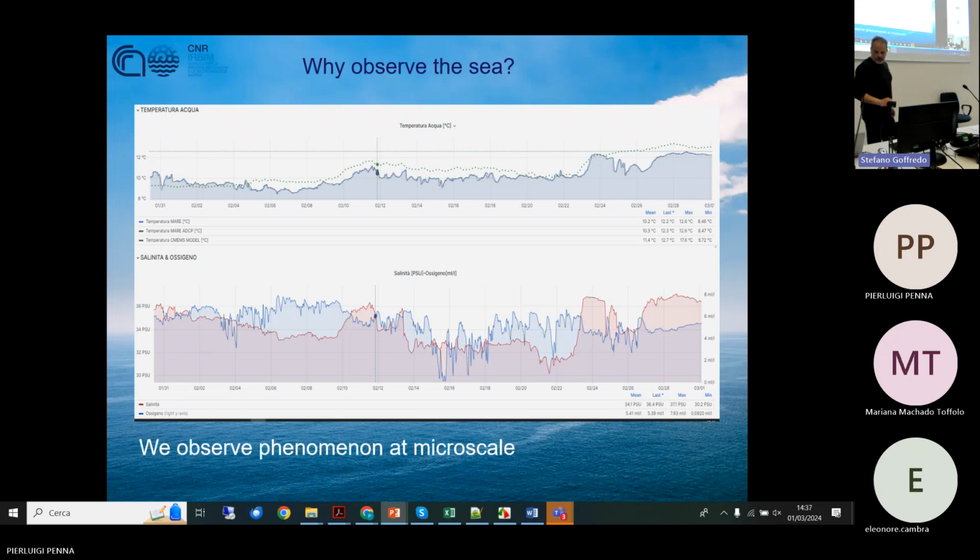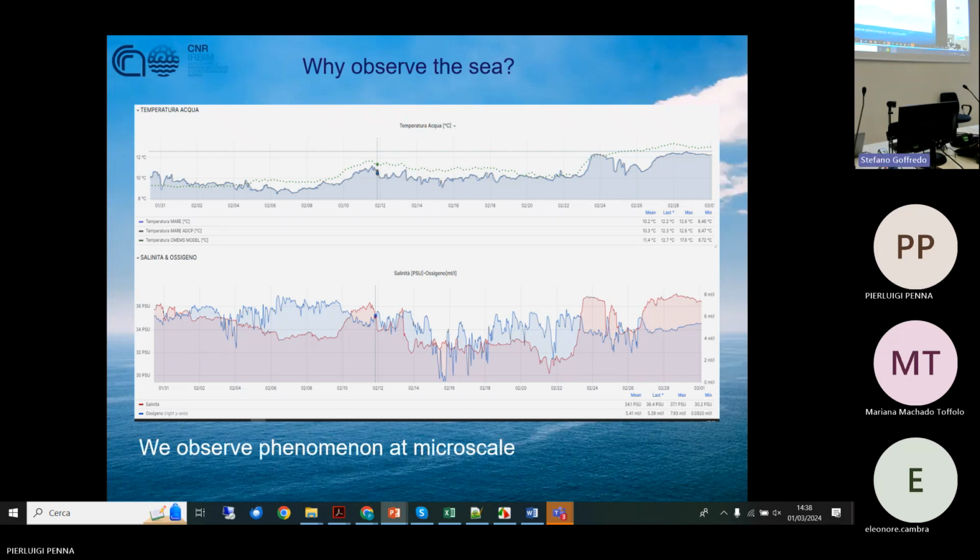Second, we observe phenomena at micro scale. We saw the salinity go to about 26 PSU. But oxygen, what happened in the last 10 days? The blue line is the oxygen concentration. What happened just a few days ago with the blue trend?